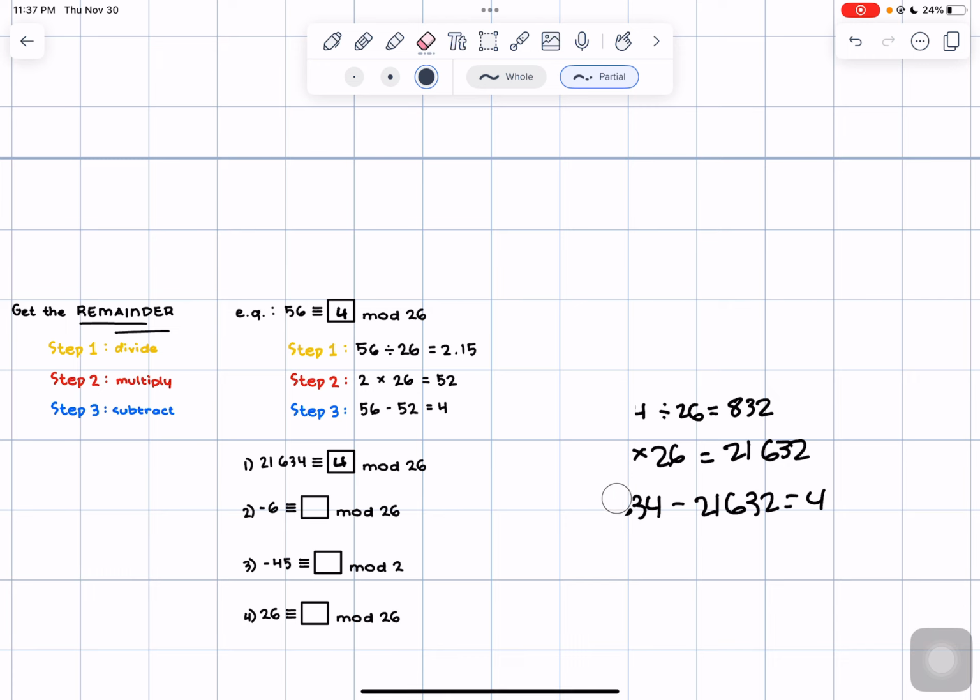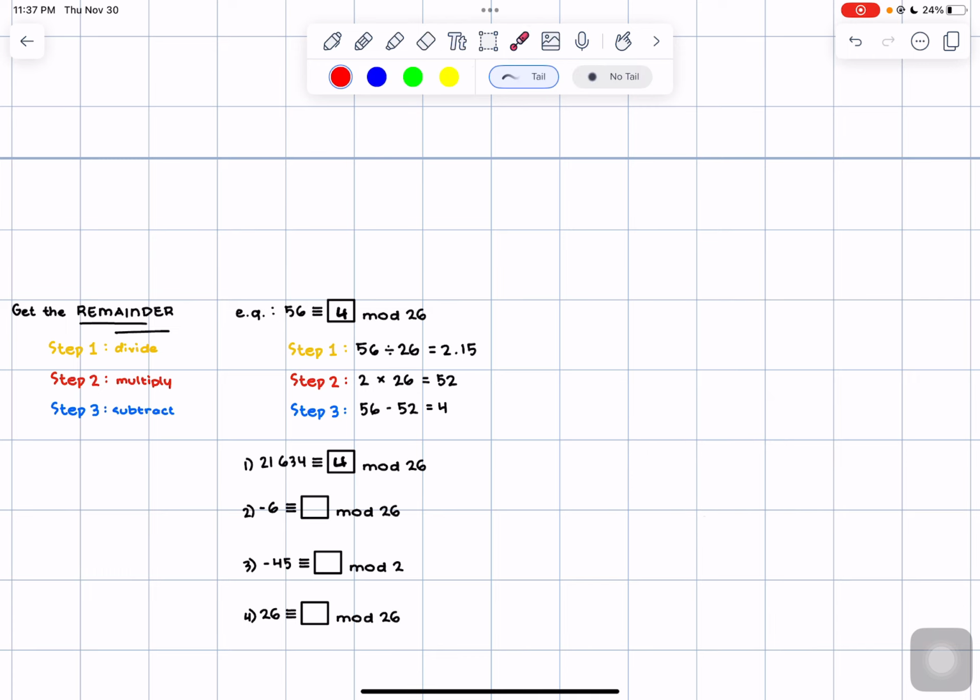Alright, let me erase this first. Now, in getting the remainder of a negative number, we only subtract its absolute value from 26. So what is the absolute value of negative 6?